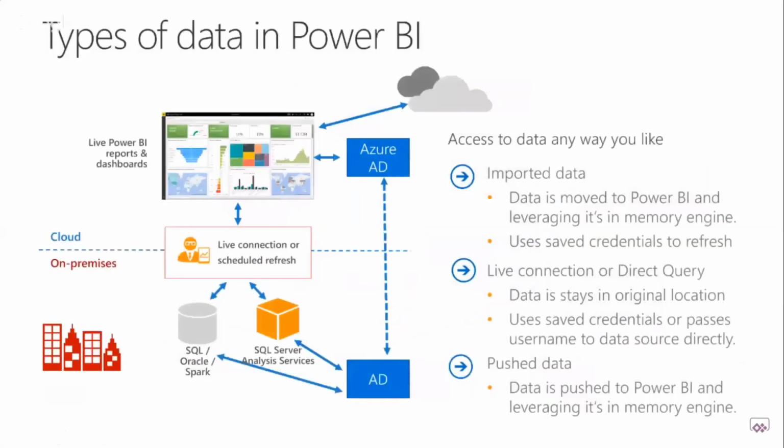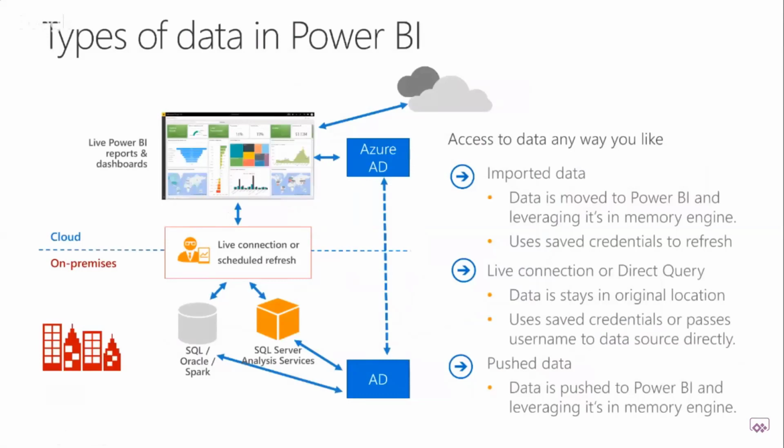The second thing I'm trying to cover in my slide is the types of data, with the data security aspect. There are basically three types of data which require security.